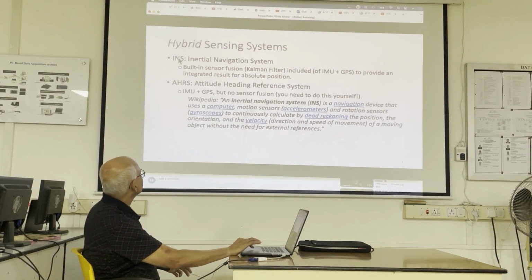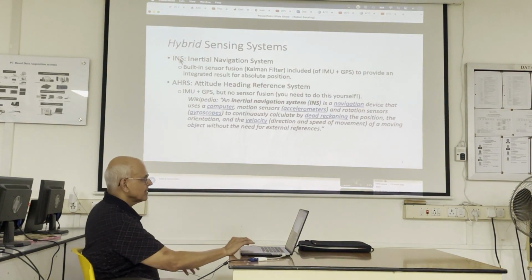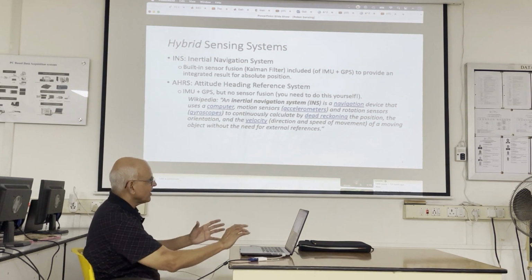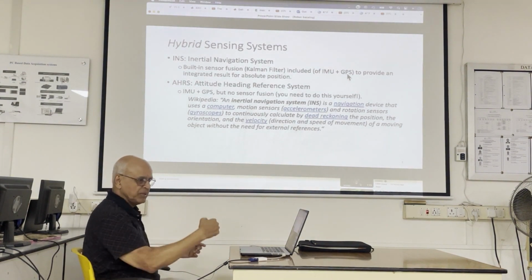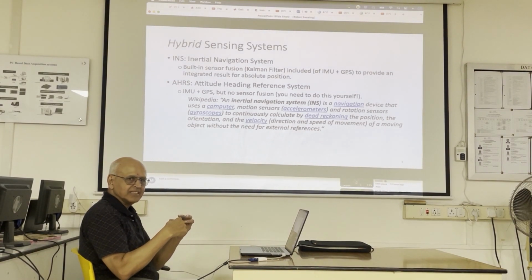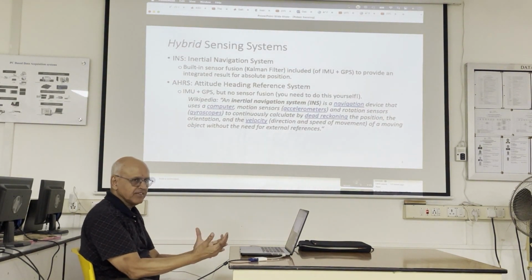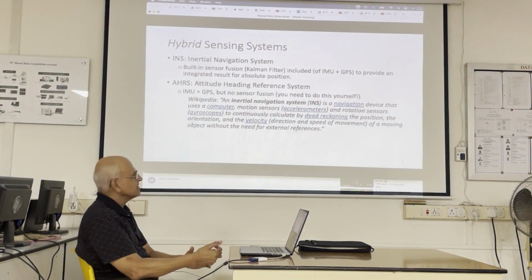So this unit is a system, not an individual sensor, but a system of sensors with software built in, so that sensor fusion is already done. IMU plus GPS, so they have an input port for the GPS. If you send that in, they will Kalman filter it and give you the result.